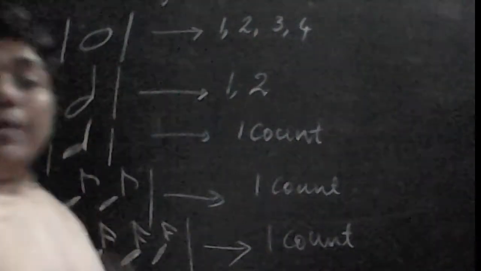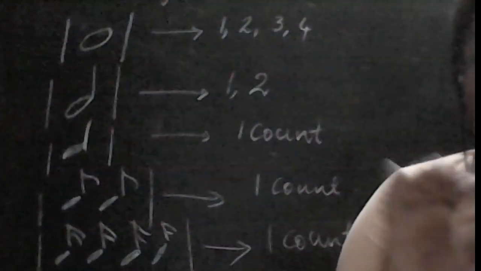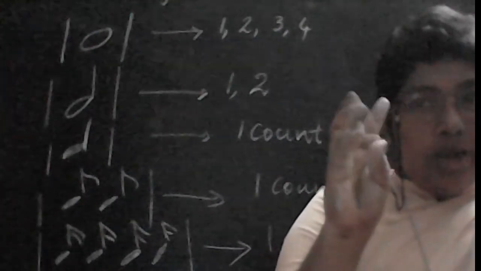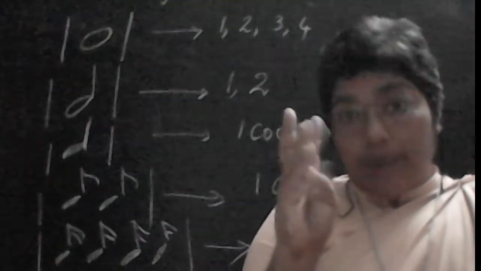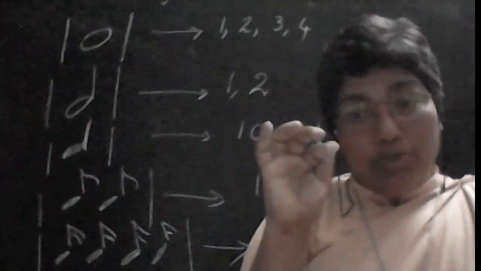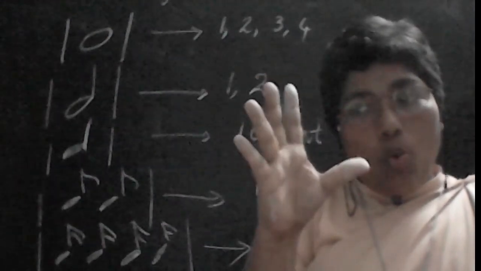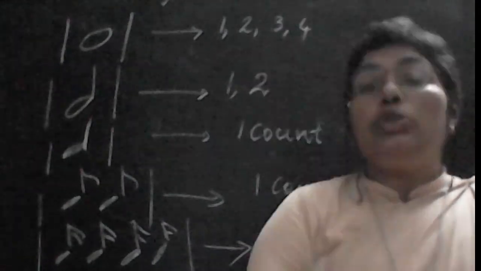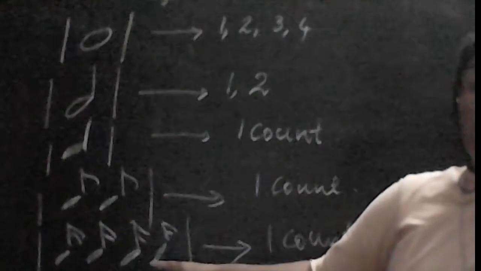When you say 1, you have to play that note 4 times within that 1 beat. So 4 times you have to strike the note when you see the notes of this kind.